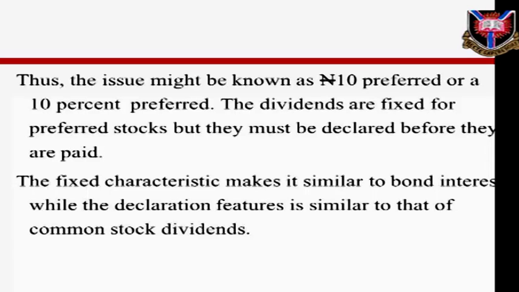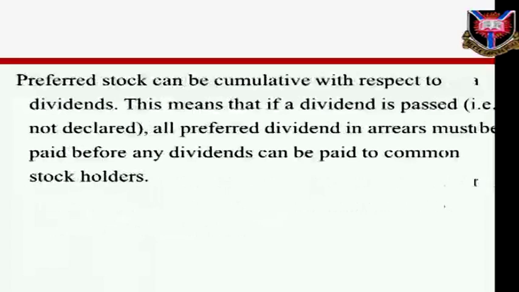The dividends are fixed for preferred stocks, but they must be declared before they are paid. The fixed characteristic makes it similar to bond interest, while the declaration feature is similar to that of common stock dividend. Preferred stock can be cumulative with respect to dividend. This means that if a dividend is passed, all preferred dividends in arrears must be paid before any dividend can be paid to common stockholders.